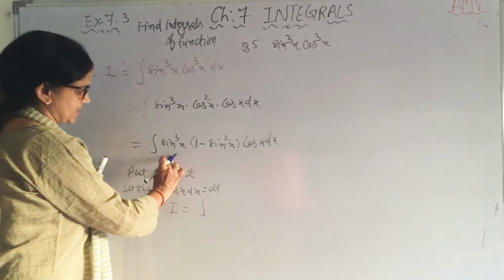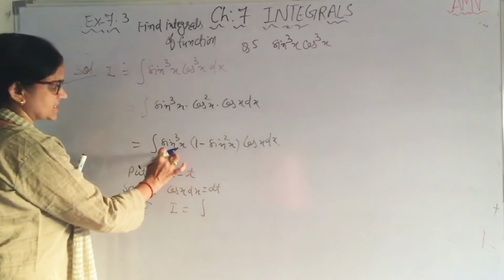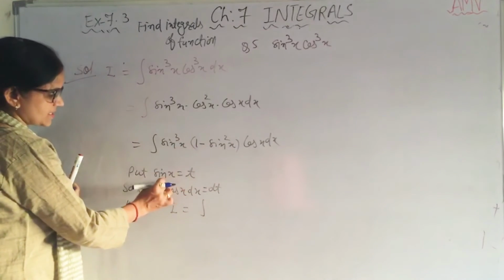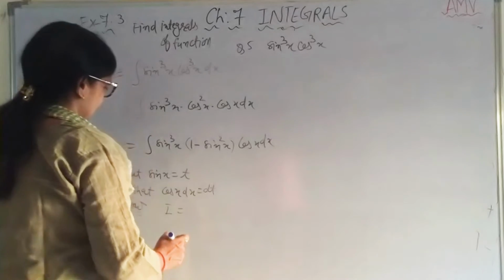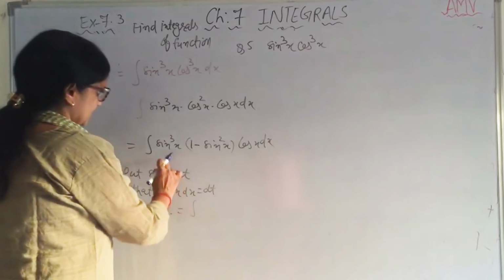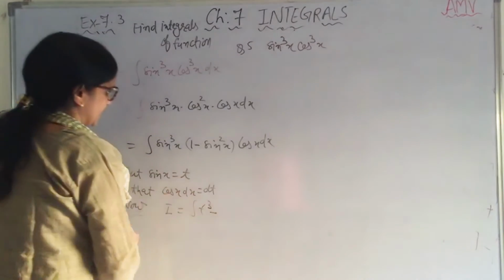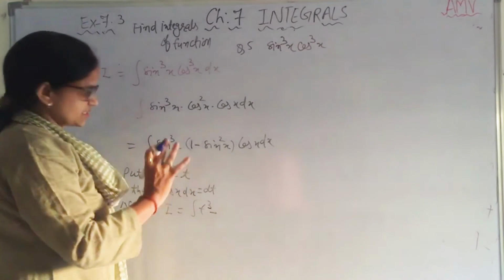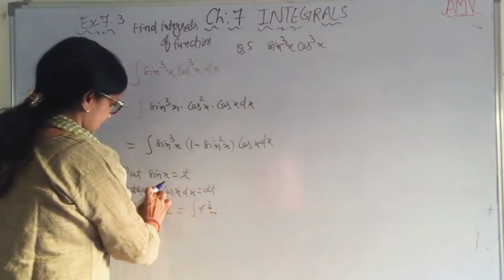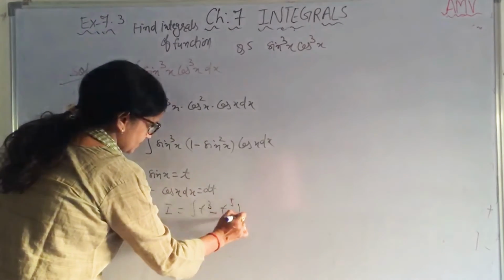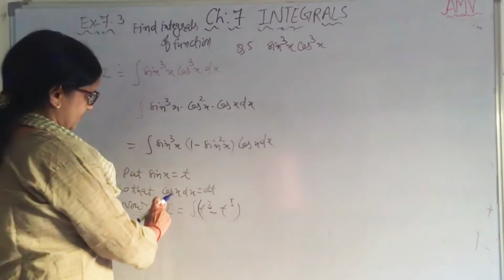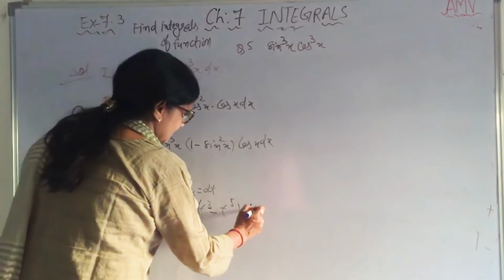Multiply sin cube x in this bracket. You will get sin cube x, and sin x is t. So I is equal to t cube minus t raised to 5, dt.